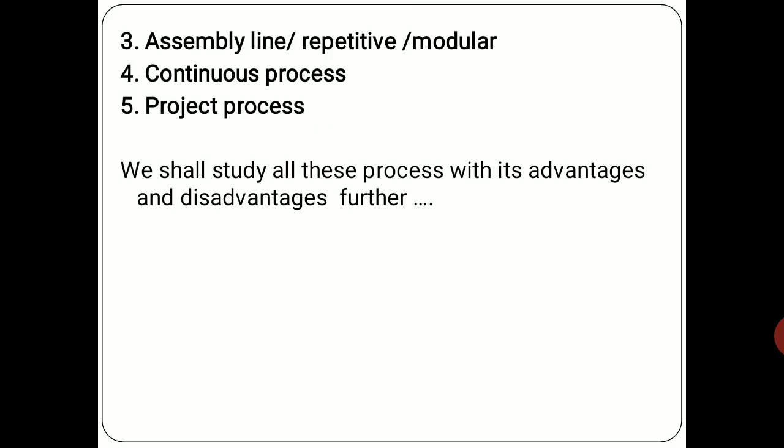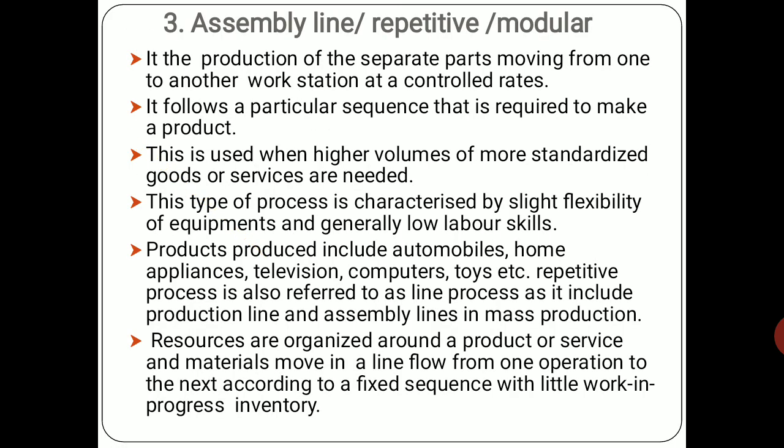Every process we are going to learn in quite some detail. So let us begin with the assembly line here. It is also known as repetitive or modular. You should be clear about this: when a manufacturer wants to manufacture some kind of product, there are a number of ways to produce it available to him. If he wants to produce, say, product A, it can be produced by various different methods, but he has to select the best method depending upon the factors that affect the organization.